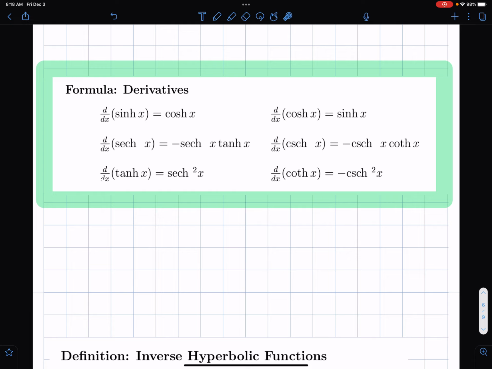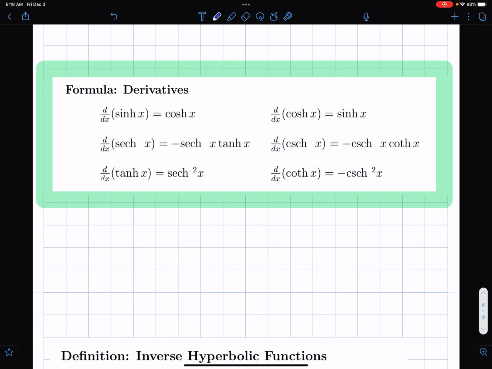However, for the hyperbolic functions, which ones get a negative? Those that have a reciprocal function. The reciprocal functions' derivatives have a negative. Unlike trig functions, where the derivatives that have a negative are the cofunctions. Notably, the derivative of hyperbolic cosine x is positive sinh x, not negative.